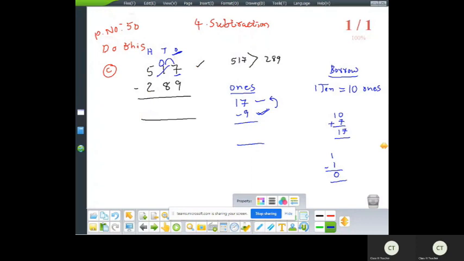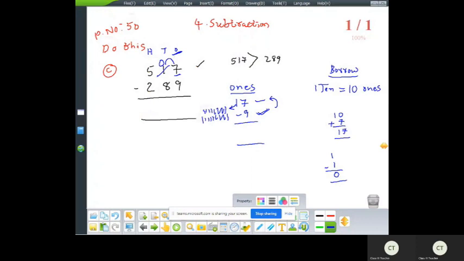Now subtracting 17 and 9, that means 17 minus 9. From 17, we subtract 9. 1, 2, 3, 4, 5, 6, 7, 8, 9, 10, 11, 12, 13, 14, 15, 16, 17.